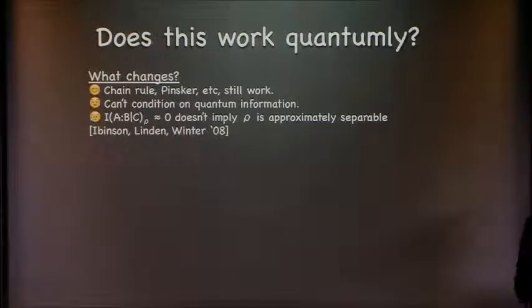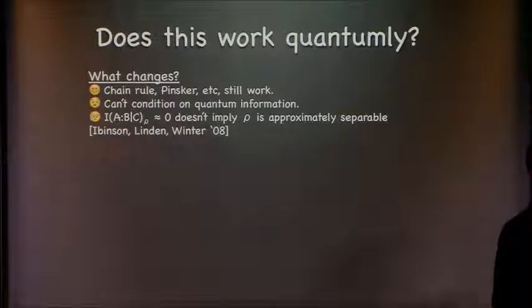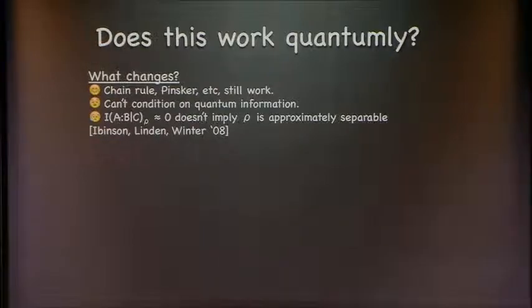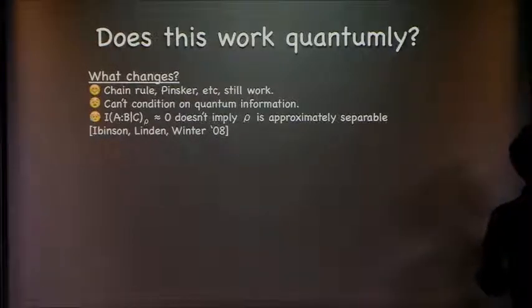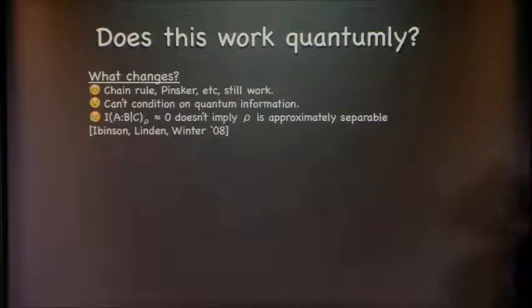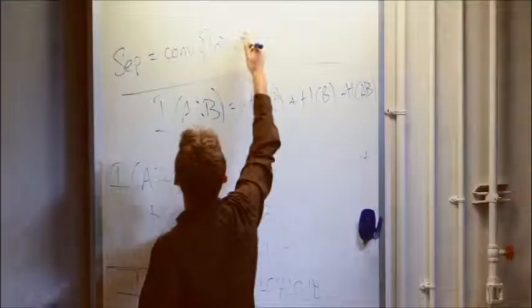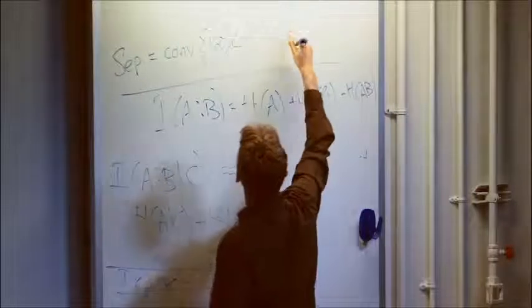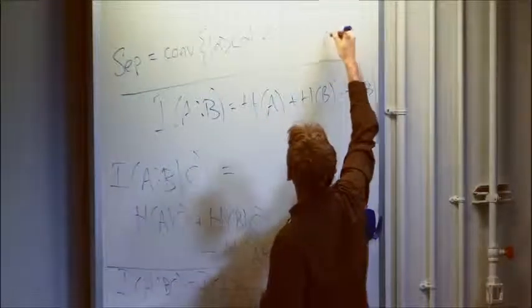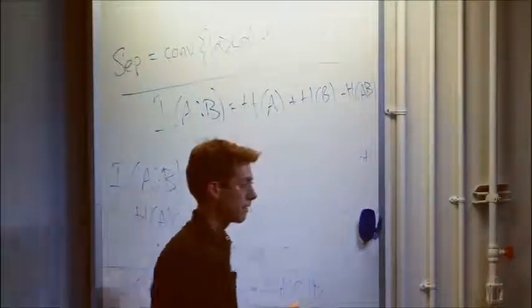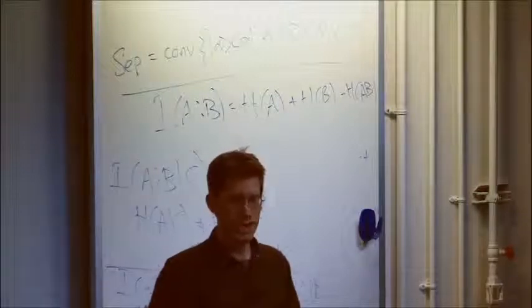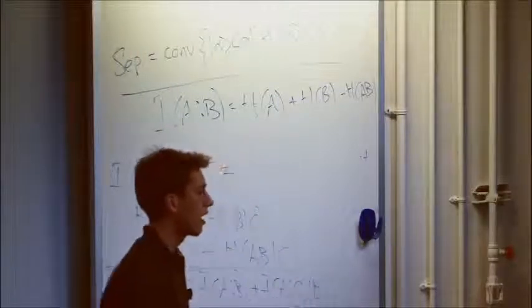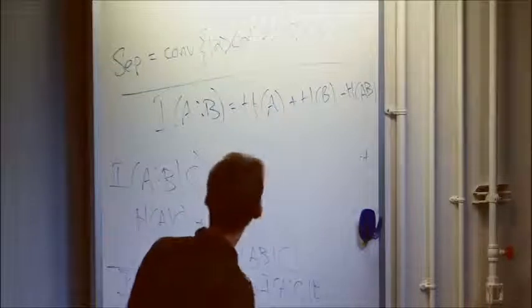Is that right? I'll define it anyway in case you don't remember the definition. So the set of separable states is the convex hull of all product density matrices. So these are the states that have no entanglement, that have only classical correlation.